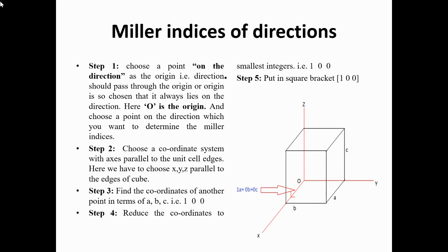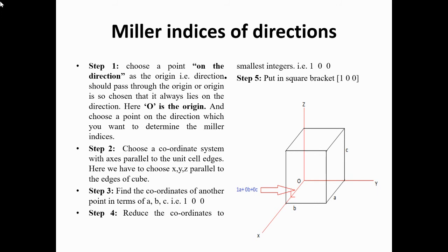Now in the next step, step 4, reduce the coordinates to the smallest integers. Here we already have the smallest integers, that is 1, 0, 0. If you have fractions, you have to reduce them to the smallest integers. Now in step 5, put the coordinates into the square bracket.